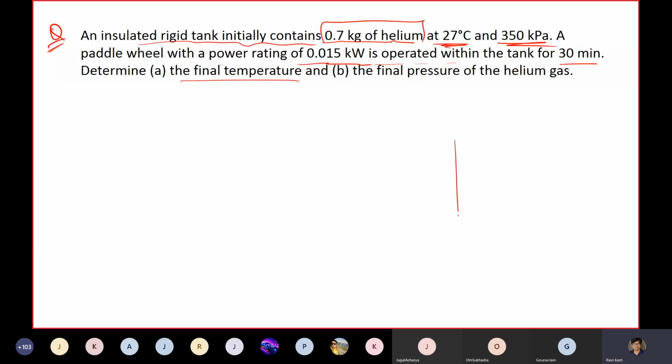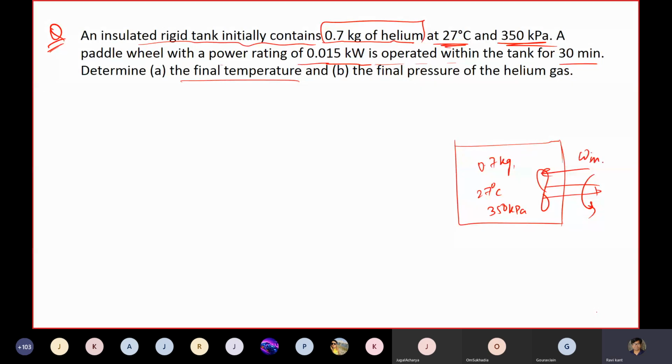Let's suppose I have a paddle wheel which is rotating, with 0.7 kg, 27 degrees C, 350 kilopascal, and it is being rotated. So work in is happening. We need to calculate T2 equal to what? It will have some temperature T1.